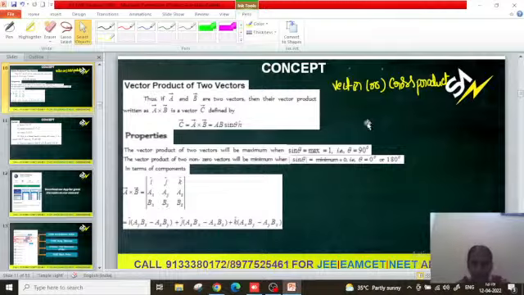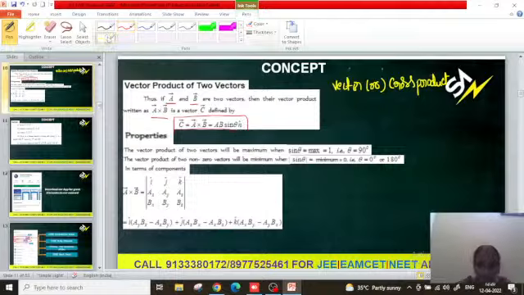So here, vector product or cross product, we are given two vectors a bar and b bar. Then their vector product can be written as a bar cross b bar. It is a vector c bar. So you can see here c bar is equal to a bar cross b bar, which can be written as ab sin theta n cap, where n cap indicates the unit vector.